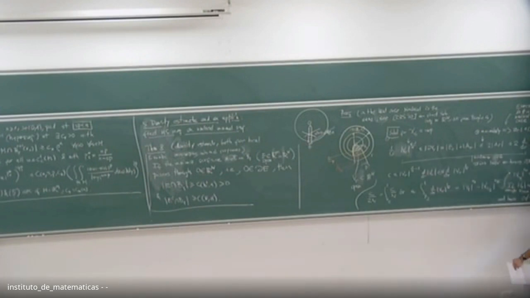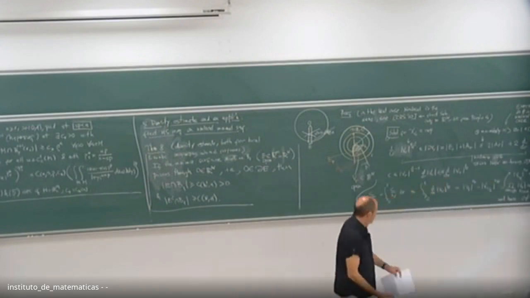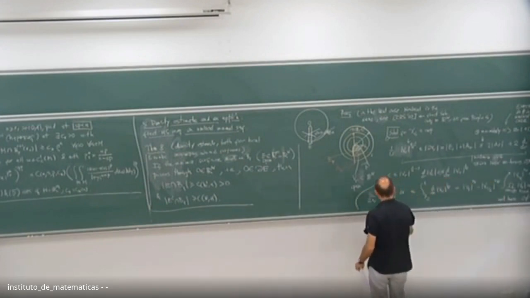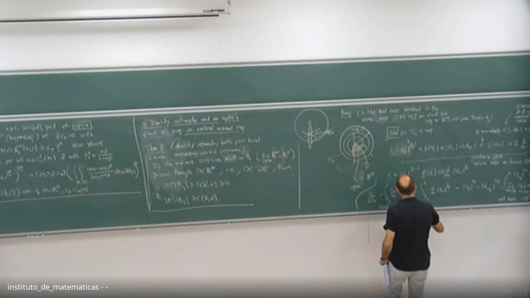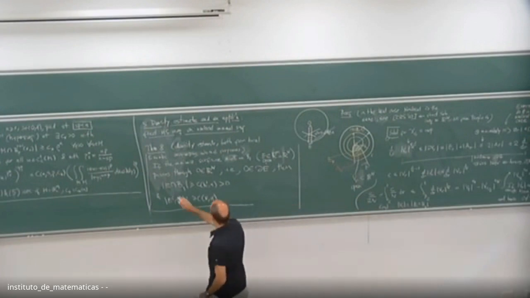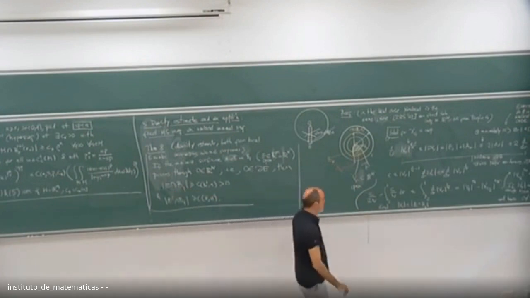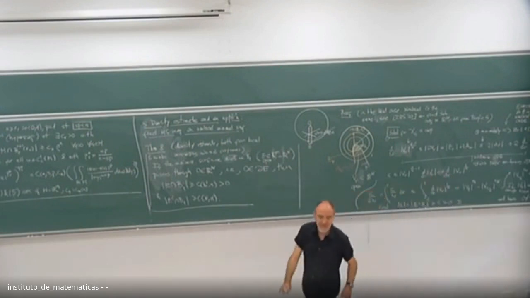So conclusion, V_1 is universally large. So conclusion, it's what we wanted to prove. V_1, which is exactly the measure of the set intersecting with B_1, right? It's what we wanted, right? The measure of the set is bigger or equal than a universal constant. Very simple, very nice argument, you see?